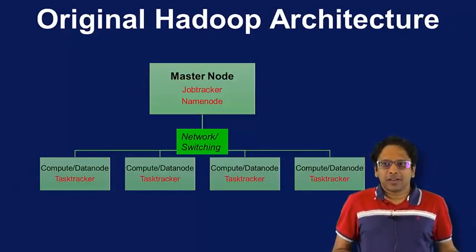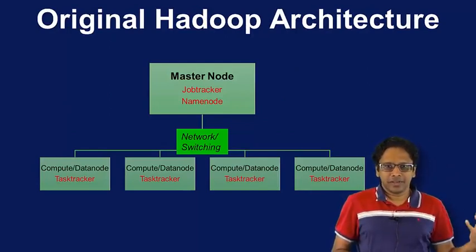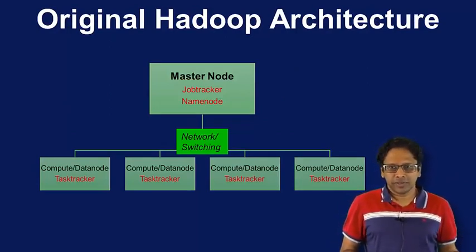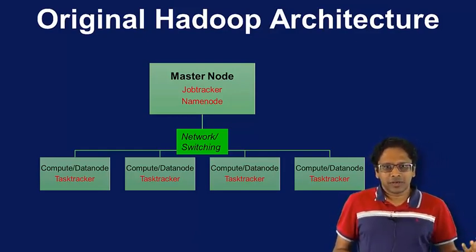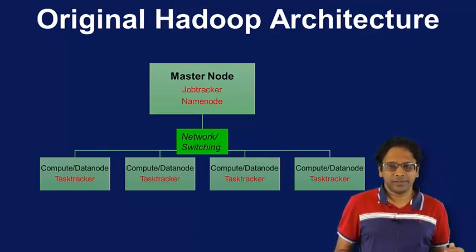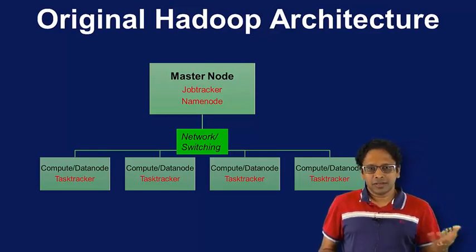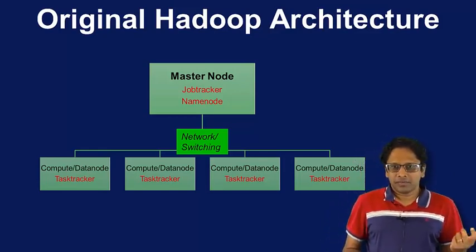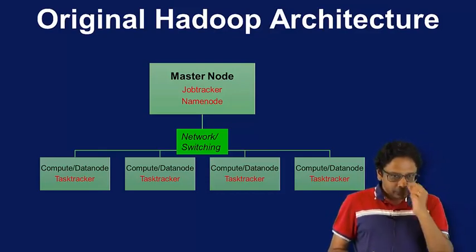So putting it all together, this is the original Hadoop architecture. You have the HDFS components and the MapReduce framework components all together. You have the master node with the job tracker and the name node, which is the HDFS handler. And you have the compute nodes and the data nodes. Typically, as we mentioned, the compute and data sit together on the same node.